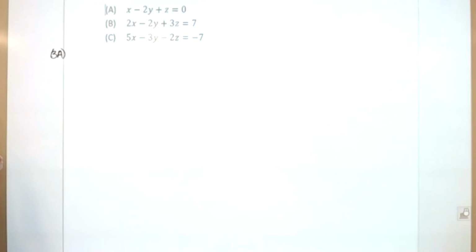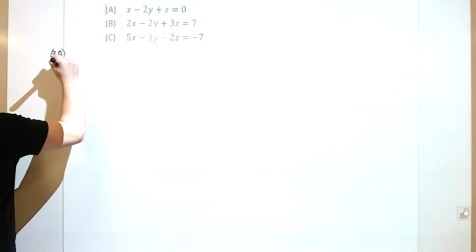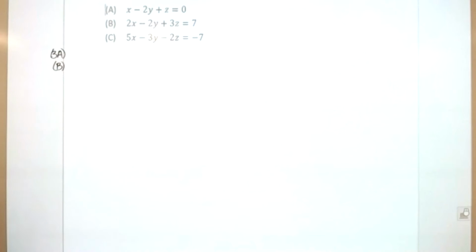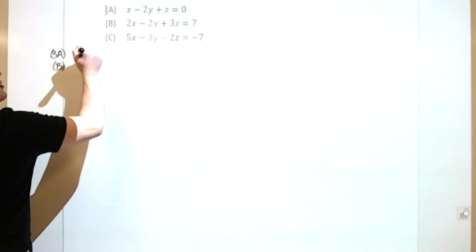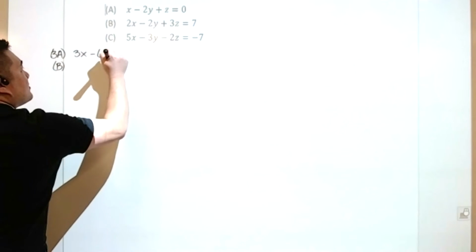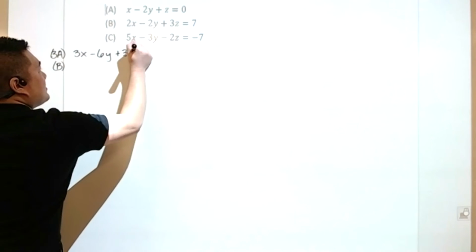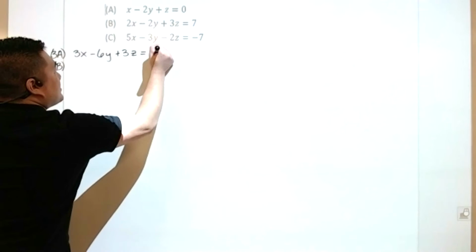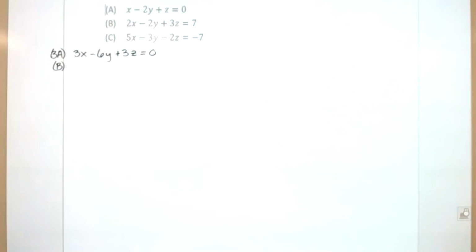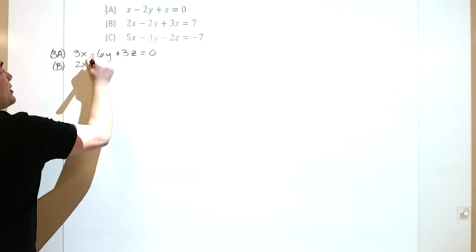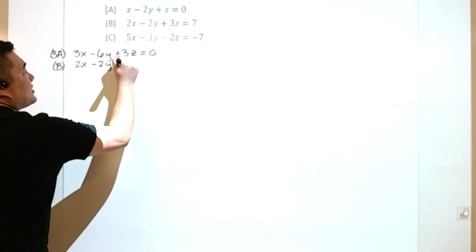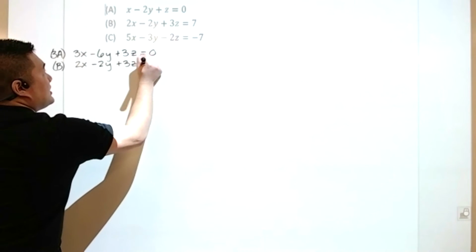So 3 times equation A, and then equation B. 3 times equation A would be 3x minus 6y plus 3z equals 0. And equation B is just exactly as I see it. I haven't done anything to it. So 2x minus 2y plus 3z equals 7.